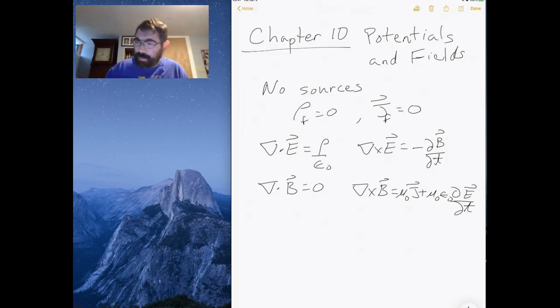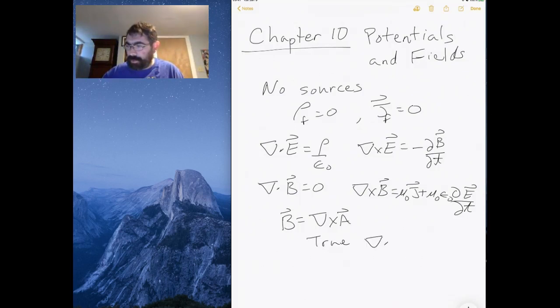So let's start with stating that the magnetic field is the curl of some vector potential. And this is always true because the divergence of the magnetic field is zero, basically from Maxwell's second equation.